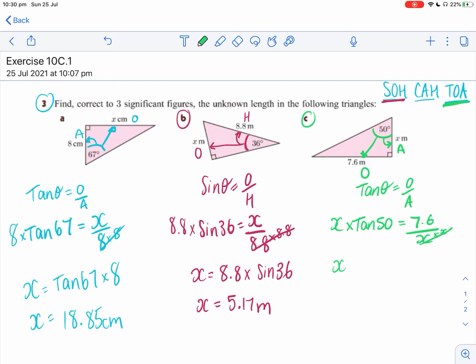So I've got x times by tan 50 equals 7.6. Then I want to get x by itself, so I need to divide by tan 50, which I'm going to do on both sides. So x comes out to be 6.38 meters. So that's how you do the start of question 3.